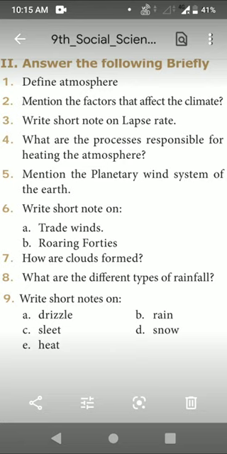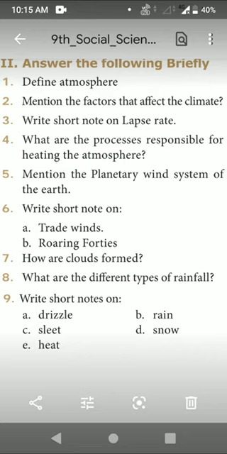Lapse rate arises from the word lapse, in the sense of a gradual change.